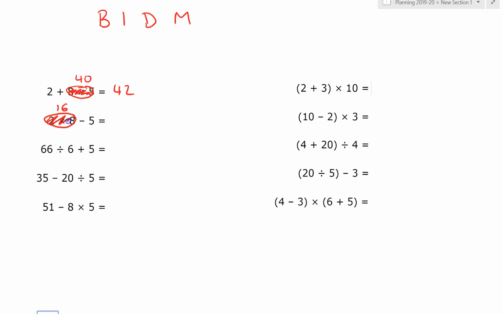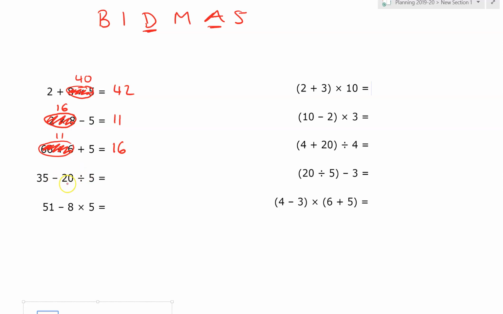And 16 take away 5 is 11. The next one has got a division. So we do division, because we've got a division and an add, so division comes before add. So 66 divided by 6 is 11. Then add 5 is 16.